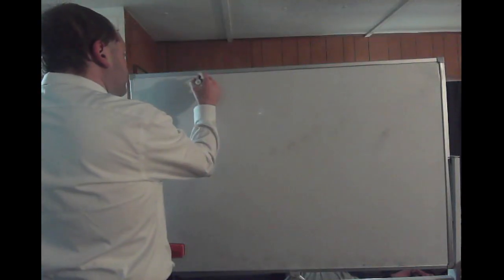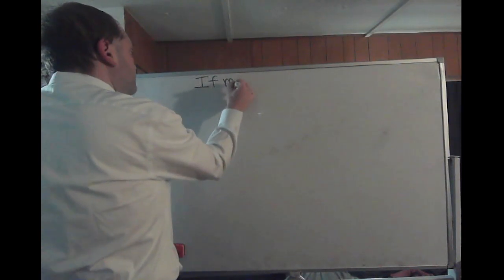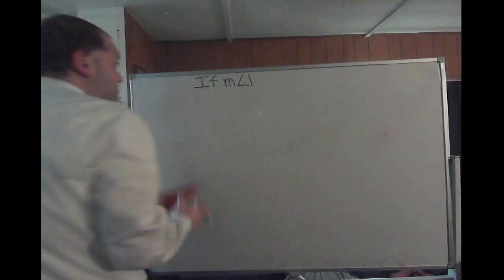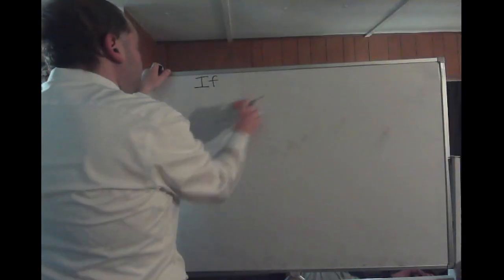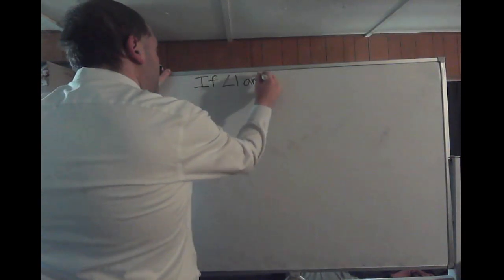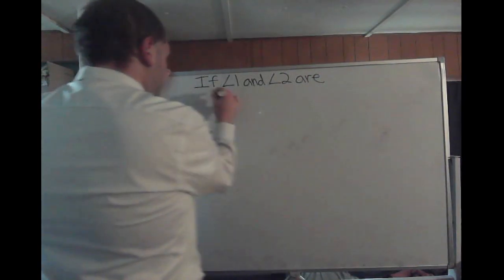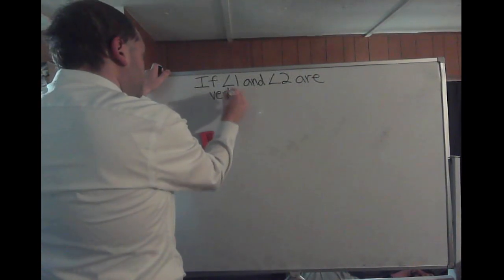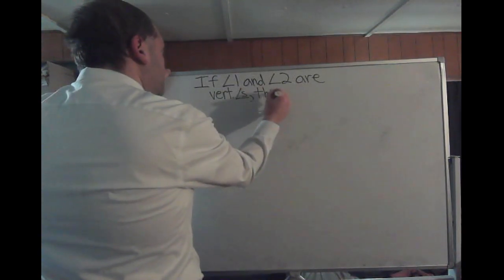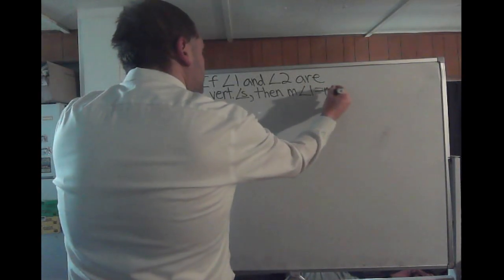A geometry related one. If angle 1 and angle 2 are vertical angles, then the measure of angle 1 equals the measure of angle 2.